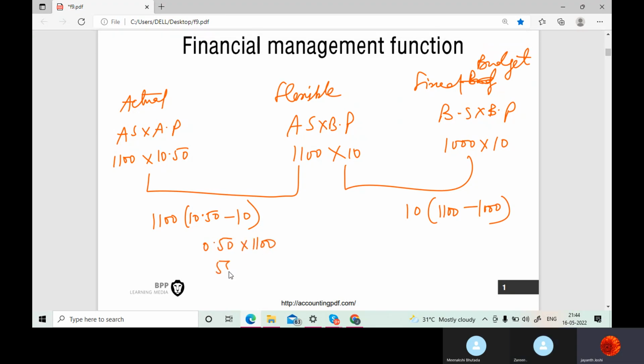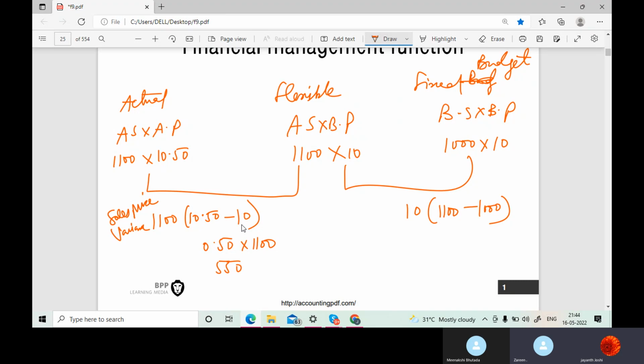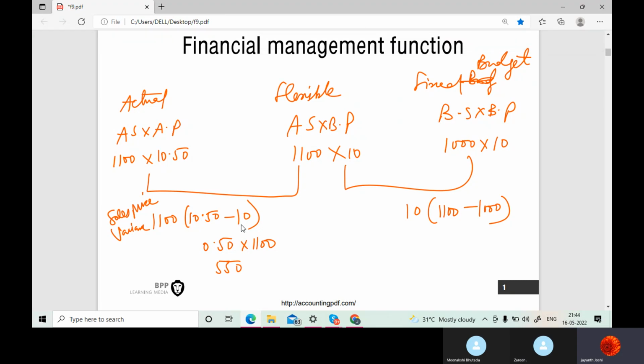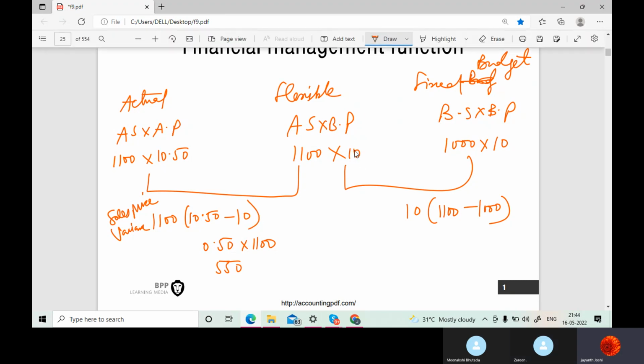So what do you think actually in this? We are doing sales price variance. The budgeted price was 10 rupees, correct?